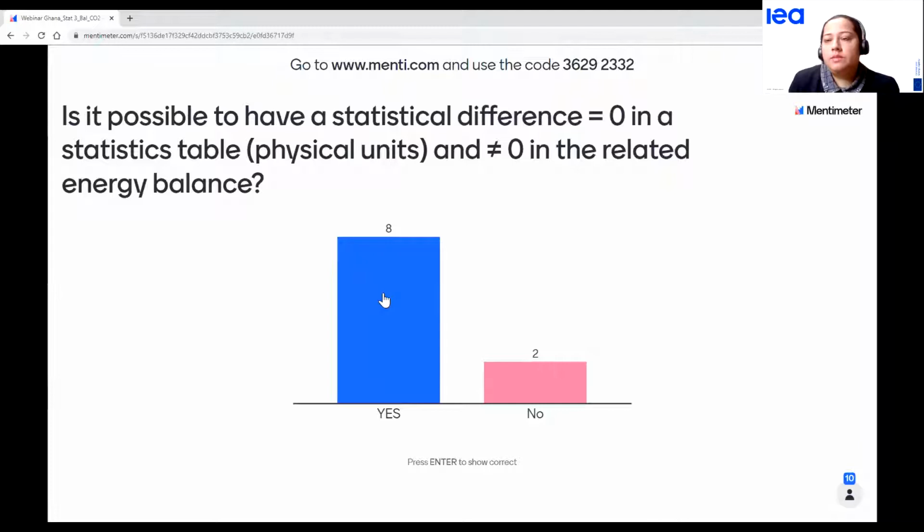So there are 10 participants that have replied. 8 think that yes, it's possible and it's normal. It's mostly this: is it normal to have a statistical difference that is 0 in the statistics table and not 0 in the energy balance? Technically, is it possible, yes or no?